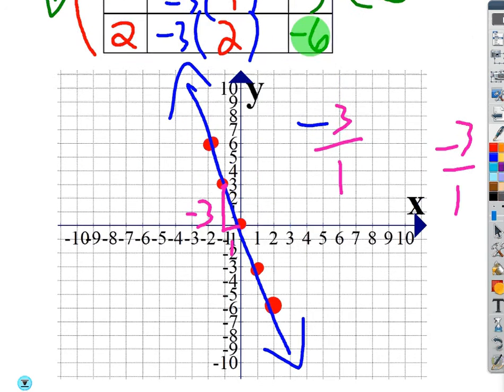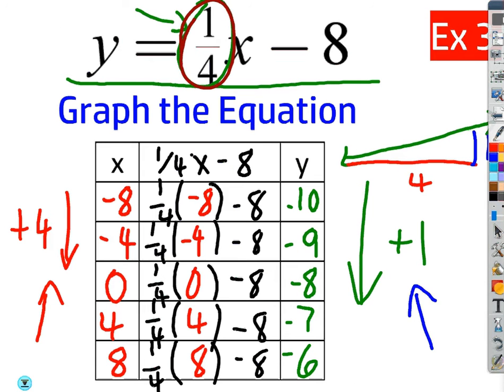Next example. We did y equals 1/4 x minus 8. Okay, so again, we did the chart. I'm not going to redo the chart again, but why did we plug in these numbers, negative 8, negative 4, 0, 4, and 8? Why not negative 2, negative 1, 0, 1, 2? What's up with this?